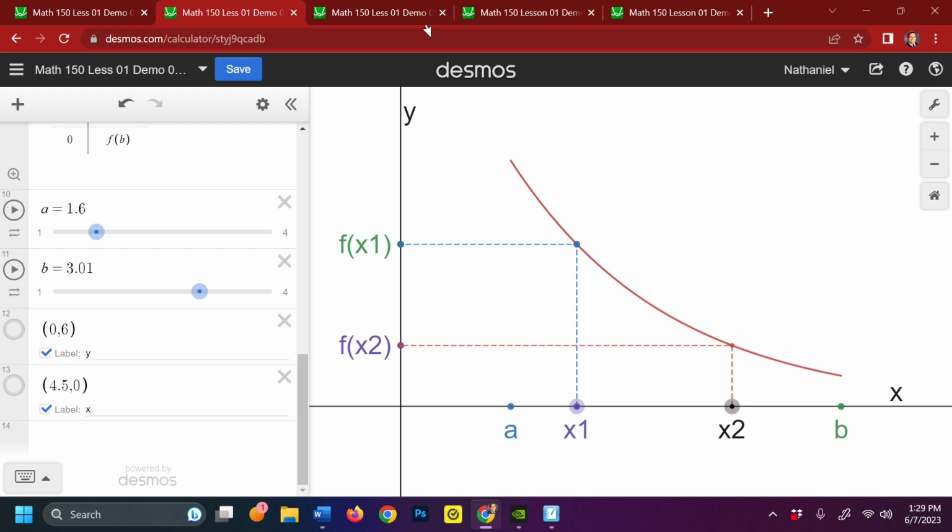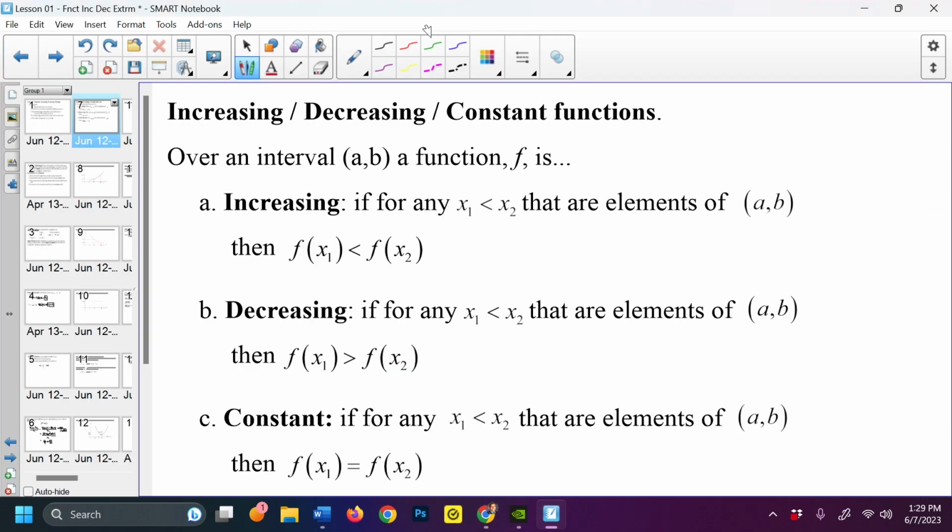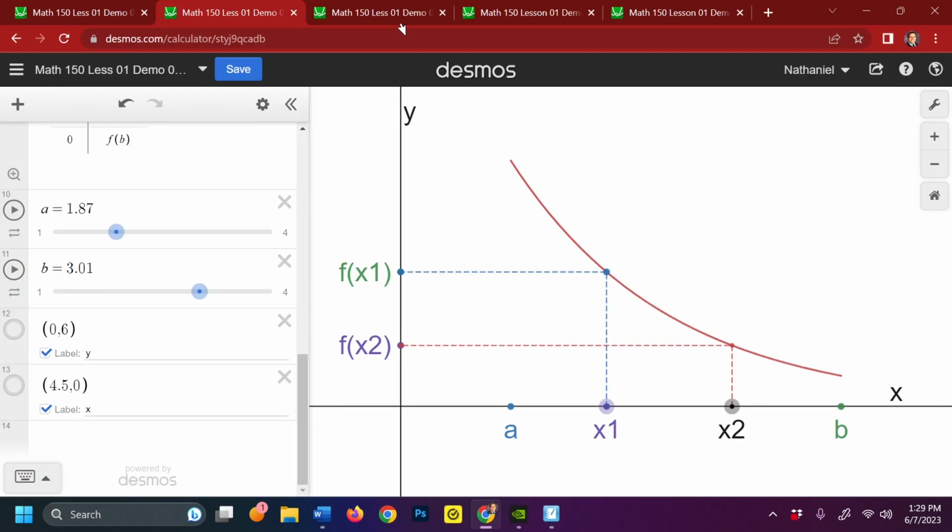But the formal definition says, provided that x1 is always less than x2, and it is, in that particular case, the f of x1 will be greater than the f of x2. And so when I look at this diagram, the f of x1 is higher up than the f of x2, so f of x1 is greater than f of x2, and we can see that in this decreasing function.